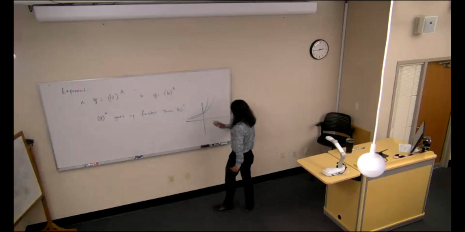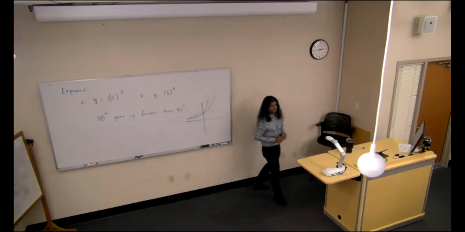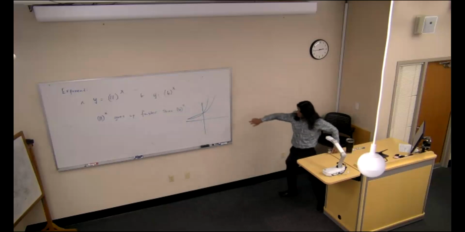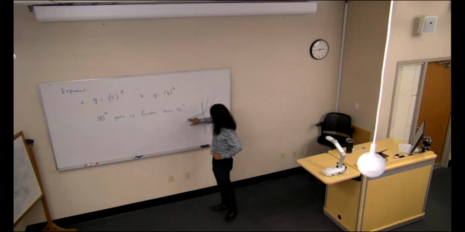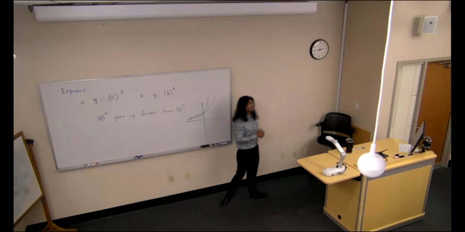Two curves, both of them would eventually go that way, right? That flattening part, what is it? Has a name. Starts with the letter A. Asymptote. Very good. Both of them have asymptotes.